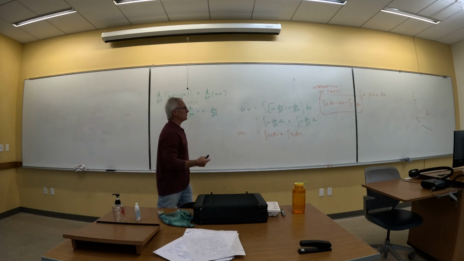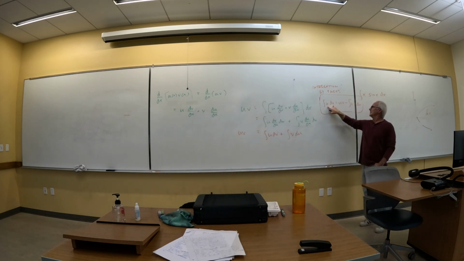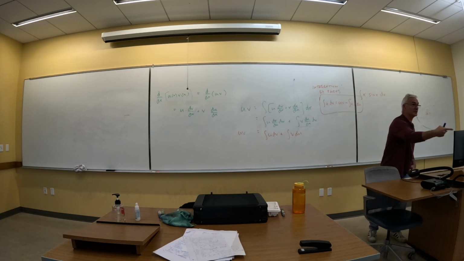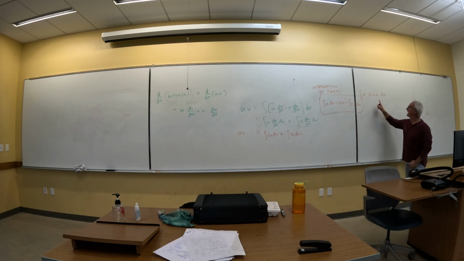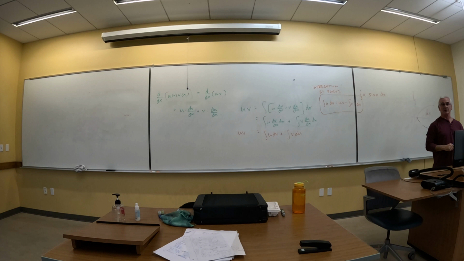Now, here's a simple rule of thumb. Whichever one I'm calling dv, I have to be able to integrate it to tell you what v is. Whichever one I'm calling u, I'm going to simply differentiate it. Do I know the derivative and the antiderivative of both of these? So in a sense, it really doesn't matter which one I call u and which one I call the dv.